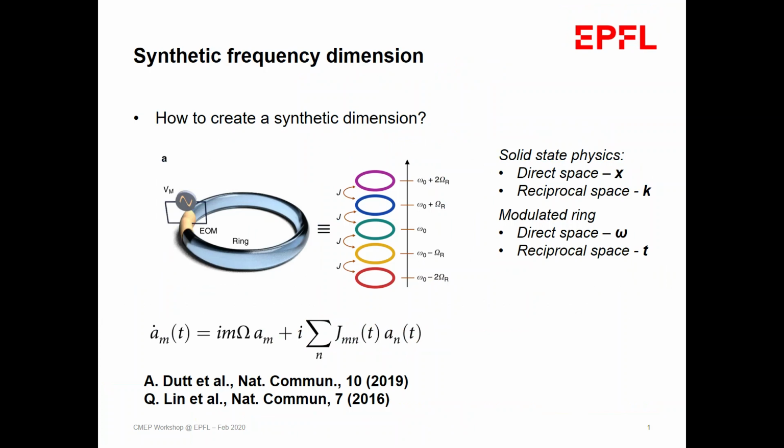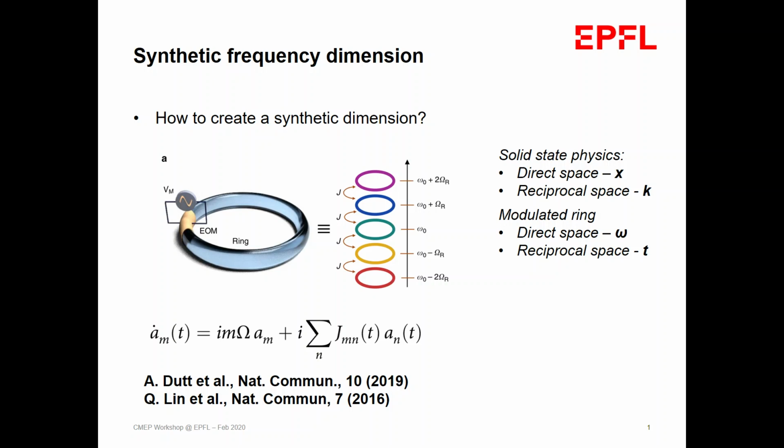I hope the notion of dimension is more or less clear. You can imagine a chain of atoms as a dimension in real space. A synthetic dimension is almost the same thing, but in the case when you use internal degrees of freedom in your system.